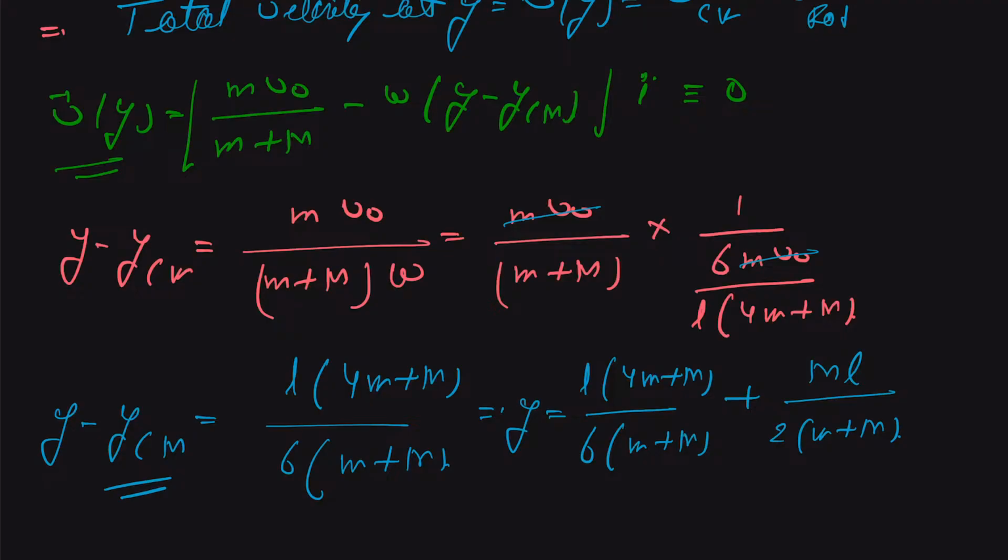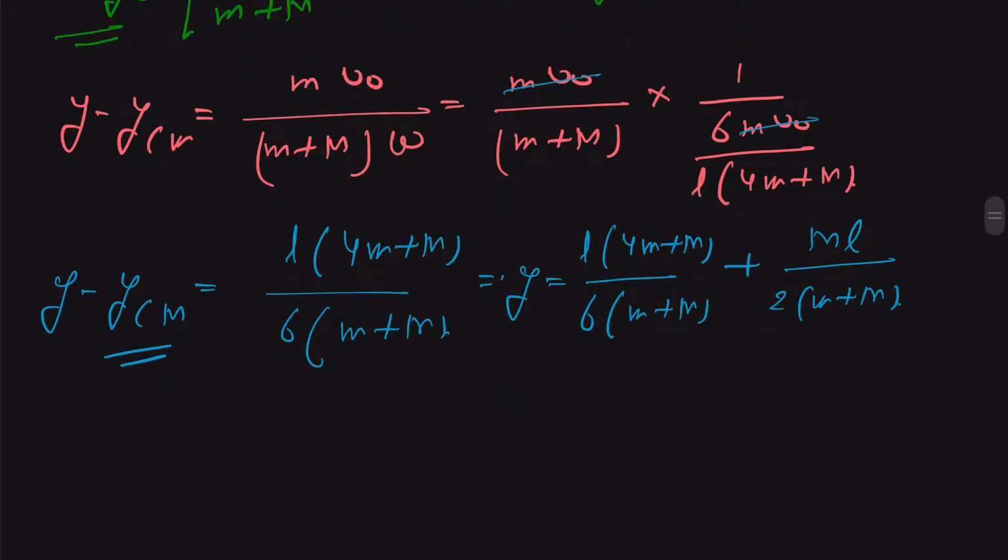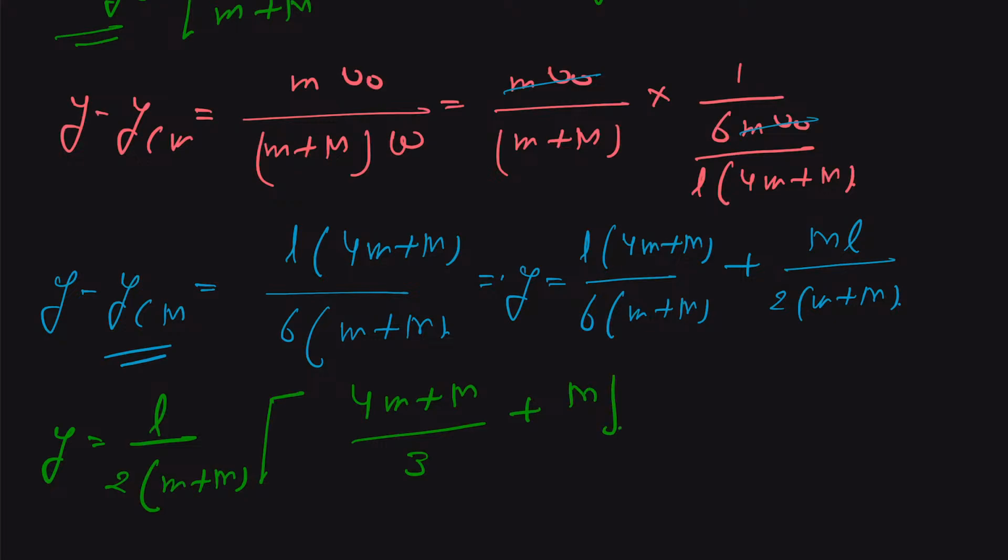And we can write that y is equal to, taking common, L upon 2m plus capital M, and inside we are left with 4m plus capital M divided by 3, plus capital M. So 3m gives us 4m, so this is 2m plus capital M multiplied by, taking 4 as common, m plus capital M divided by 3.